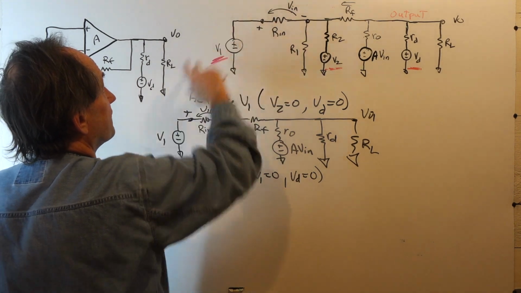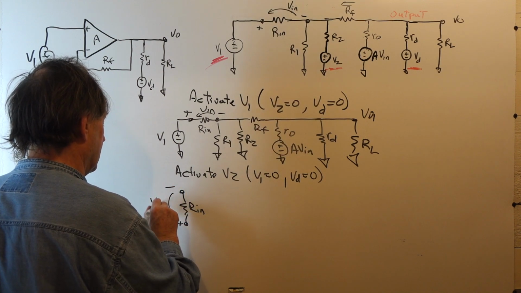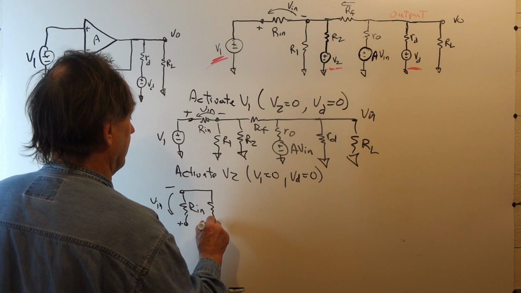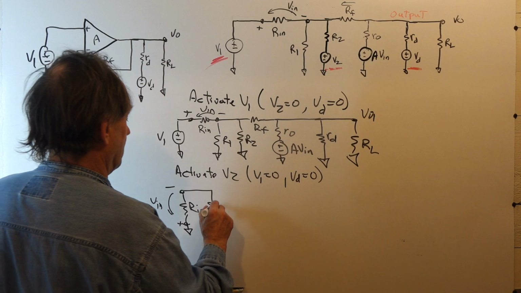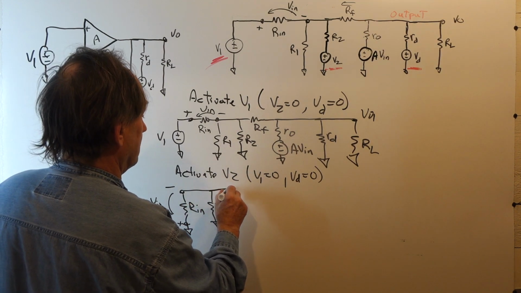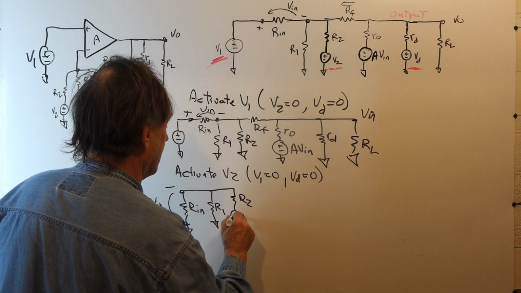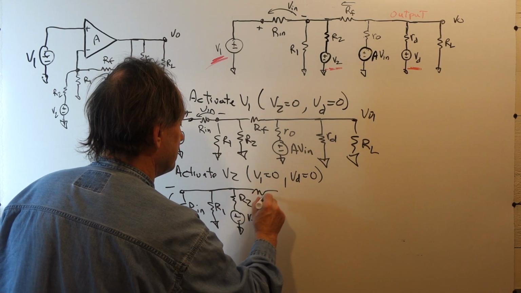This is the minus terminal. Here's our Vin. This is ground also. Now we have R1, and we're activating V2, so we have R2 and V2. We go to the feedback resistor.